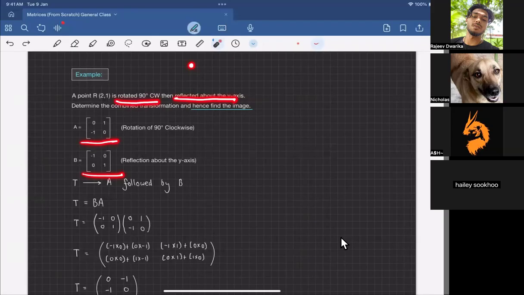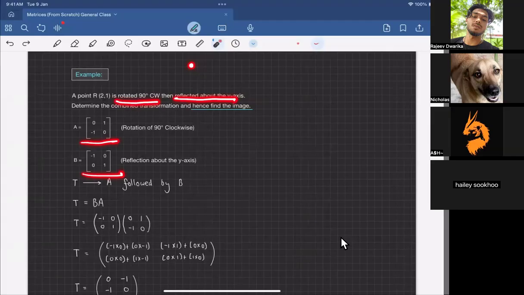I have a point, A or B. Which one would cause it to rotate? A. And which one would cause it to reflect? B. Now, we want to combine those two so that instead of doing A first and then B, we just have to multiply by one matrix, and when we do that, it'll give us the answer straight away.